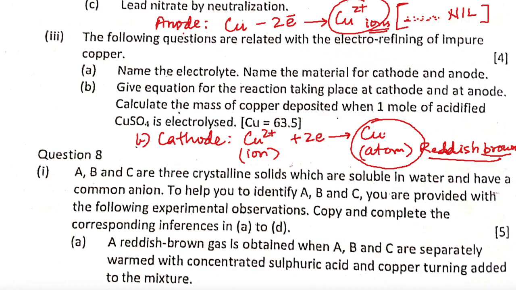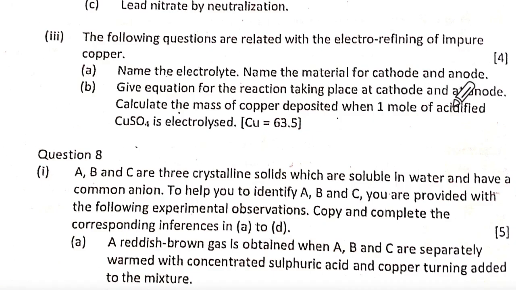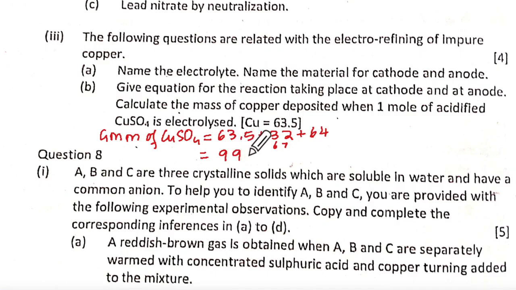Calculate the mass of copper deposited when 1 mole of acidified CuSO4 is electrolyzed. So if I want the mole, I'll have to find the gram molecular mass of CuSO4. Cu is 63.5. S they did not tell me. O4 is 16 into 4, 64. So 64, 67. So 99.5.